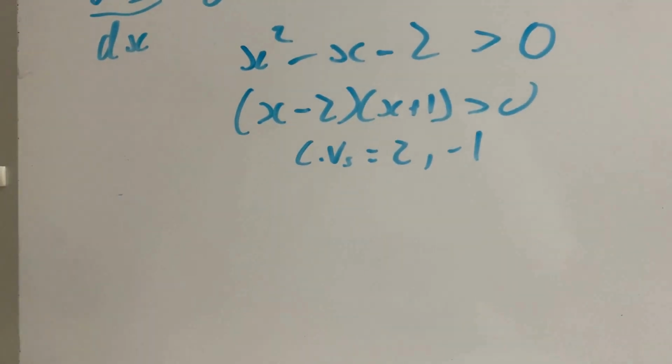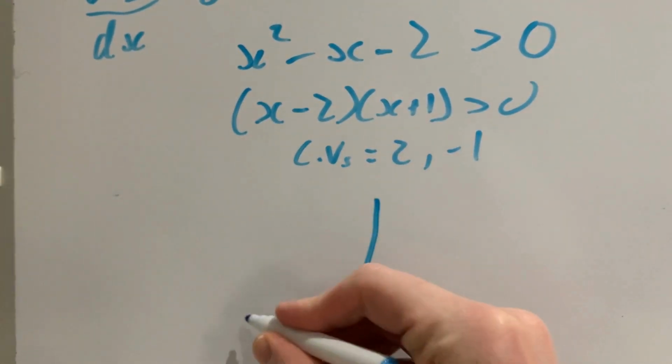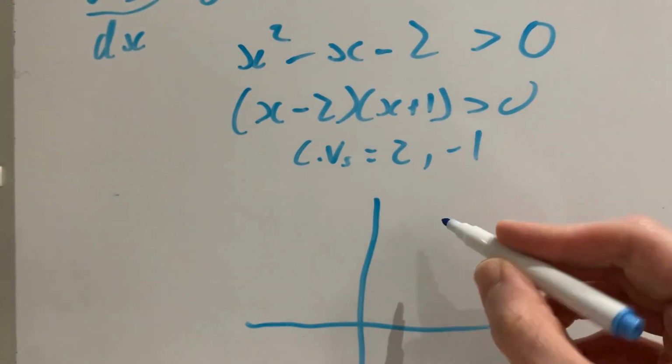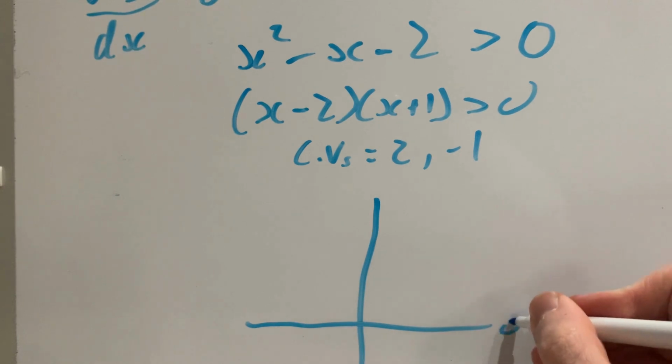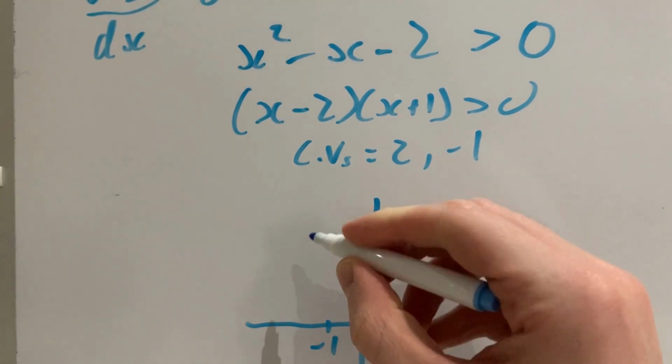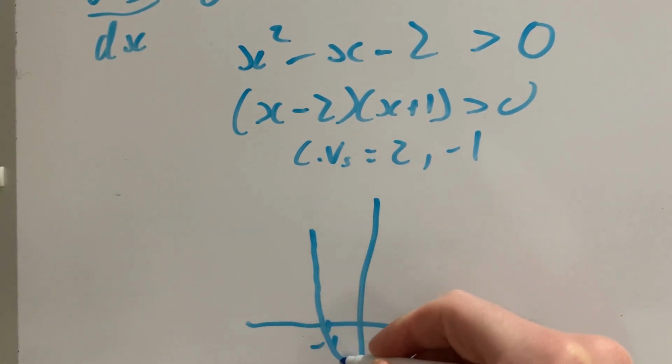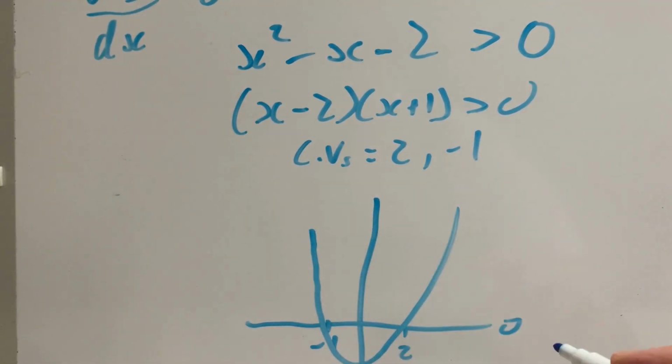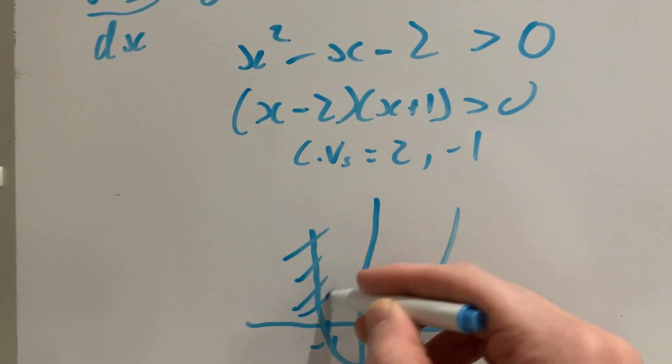So if we want to sketch the graph of this to help us visualize what's going on, we're going to have it cutting the x-axis at minus 1 and 2. So it's going to look something like this, and then up. And we're looking for when this is greater than 0. So it's going to be the tails here.